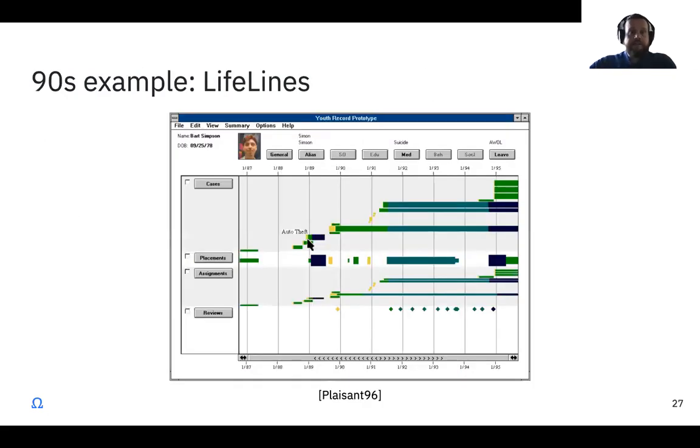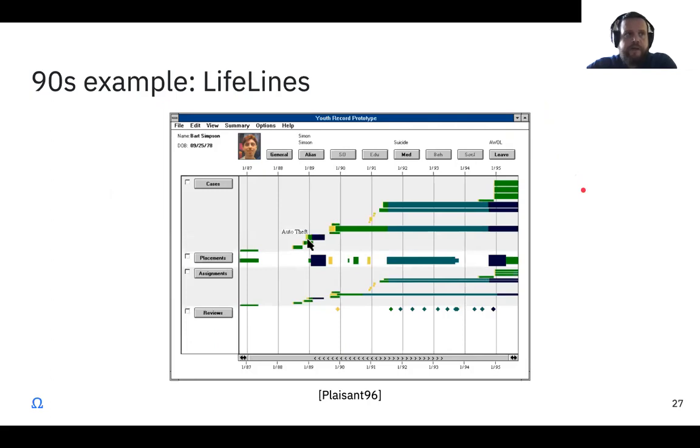Here we have a nice 90s example of a visualization. We see this beautiful Windows 3.11 style window. And this is work by Catherine Plaisant and her team.